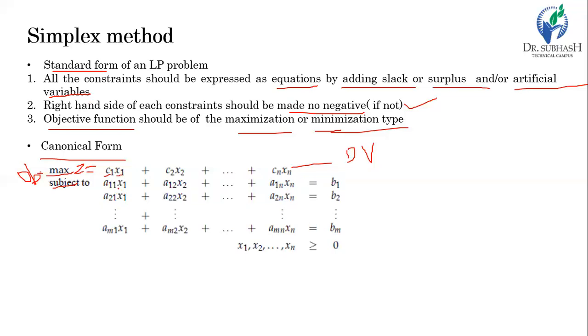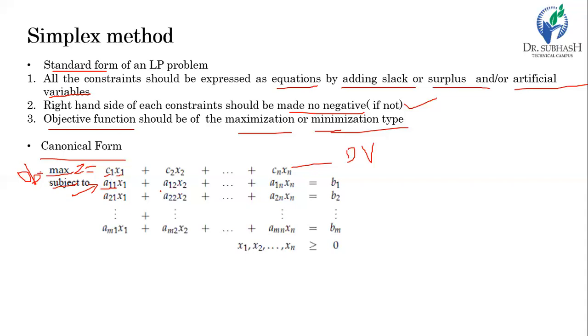The practical meaning of this is, when you consider this constraint, let's suppose it is a time constraint, it may be a machine constraint, it may be a manpower constraint. Let's suppose it is a time constraint for a particular machine. So when you want to produce 1 unit of x1, then a11 amount of time will be consumed.